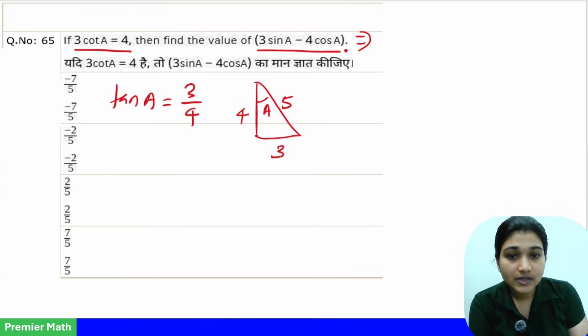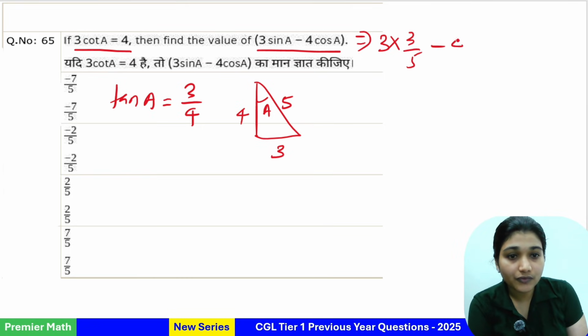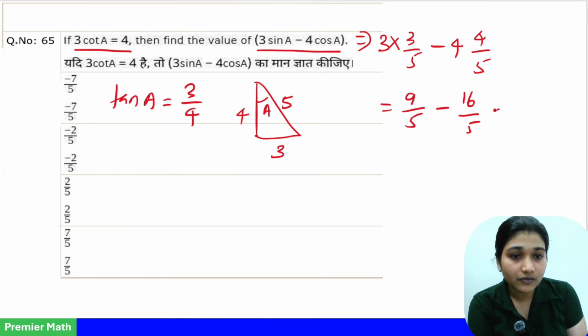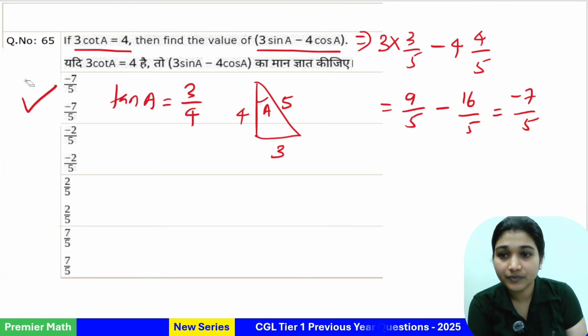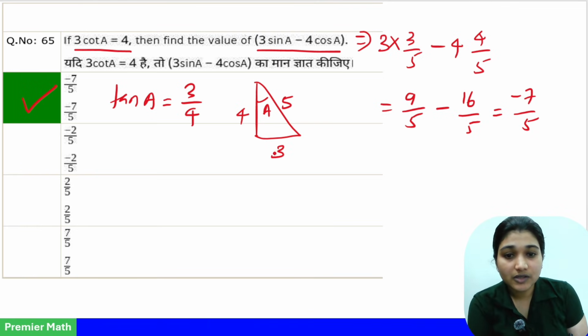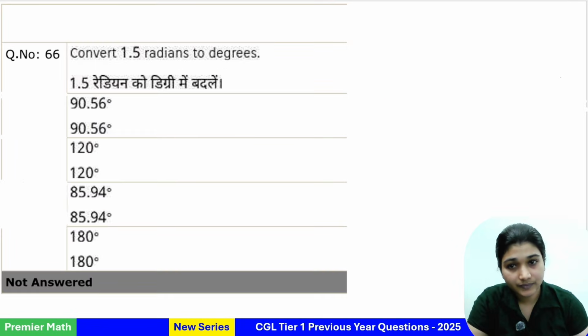From this, 3 sin A is equal to 3 by 5, and this is 4 cos A. Cos A is equal to 4 by 5. Now this is equal to 9 by 5 minus 16 by 5, which is minus 7 by 5. Option 1 is your answer. Sin A means opposite side by hypotenuse and cos A means adjacent side by hypotenuse.